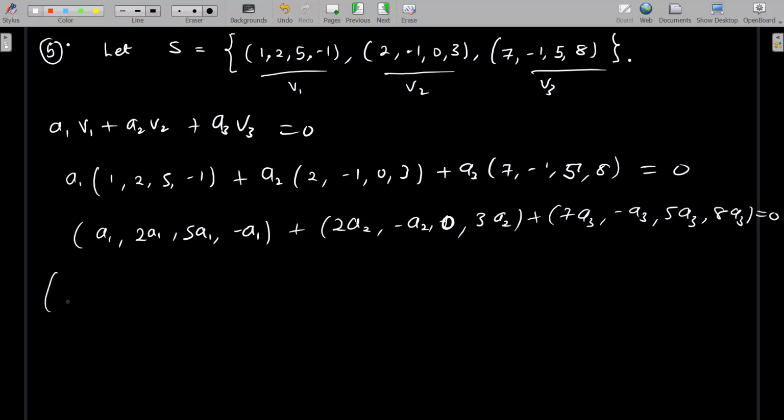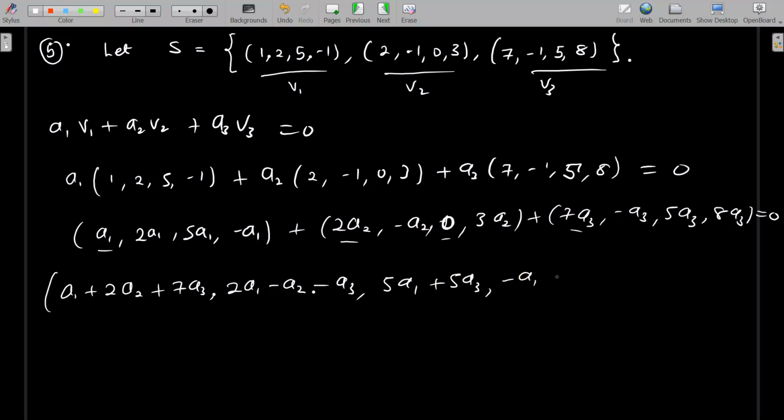Now if you sum this, you're going to have a1 plus 2a2 plus 7a3, and then 2a1 minus a2 minus a3, and 5a1 plus 0, and I'm going to just leave it as plus 5a3, sorry. Then negative a1 plus 3a2 plus 8a3, and this is the final thing that you have.